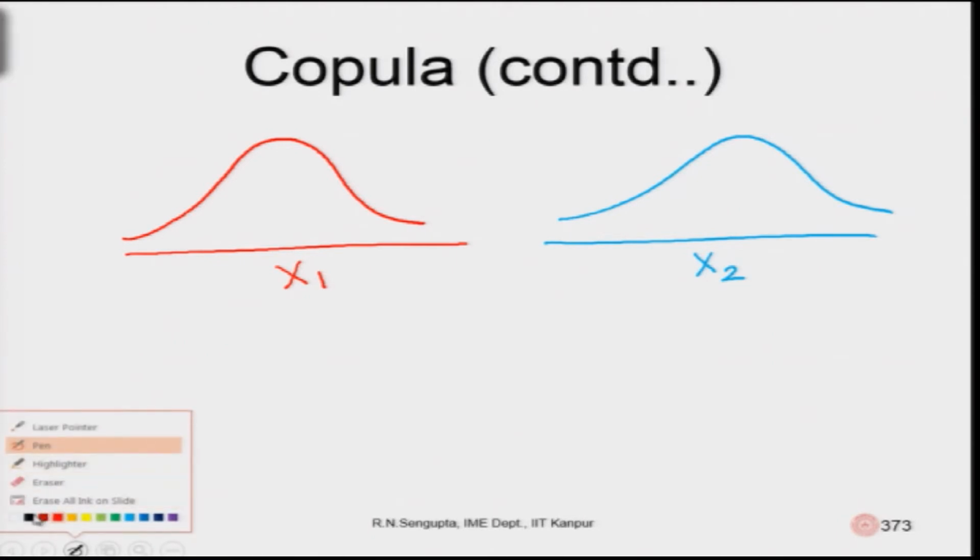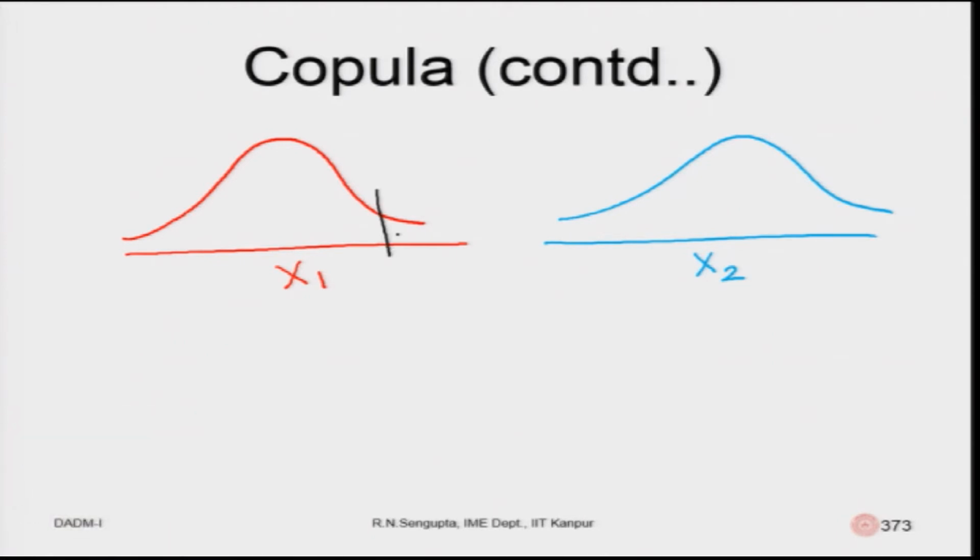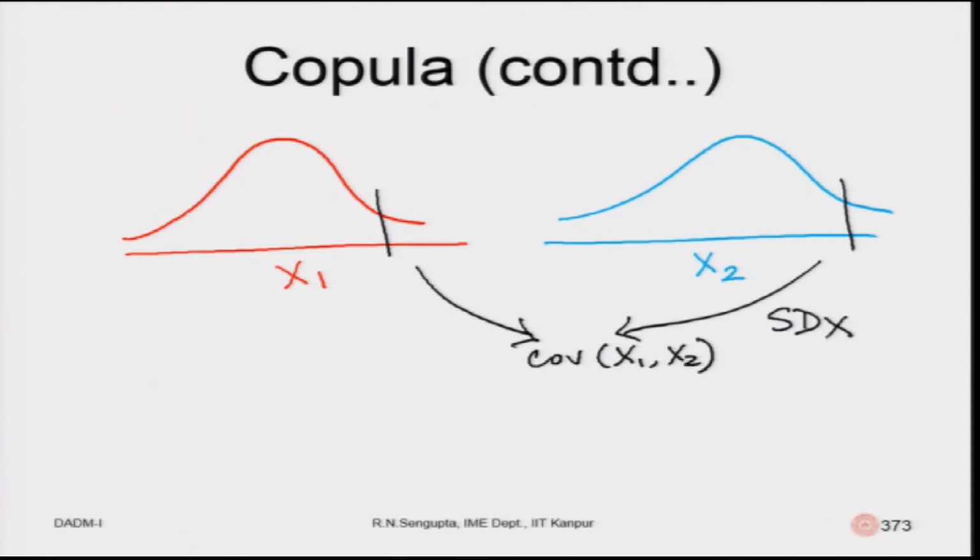Now, what I need to do is find out the relationship of x 1 and x 2 at the extremes. So, obviously, in that case the covariance between x 1 and x 2 would be sufficient, such that given the standard deviation of x 1 and standard deviation of x 2, we can find out the correlation coefficient existing between x 1 and x 2.